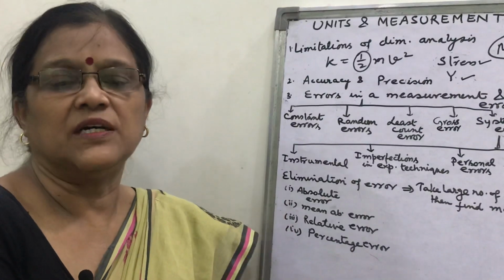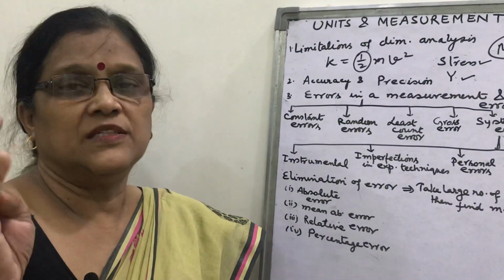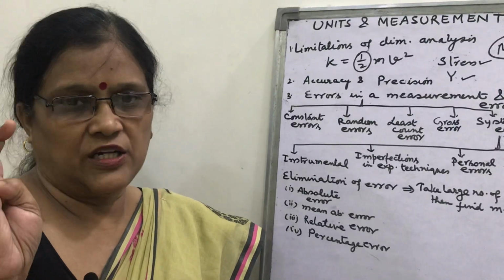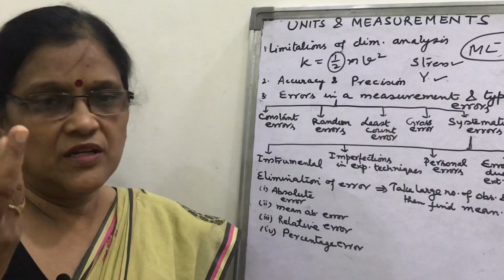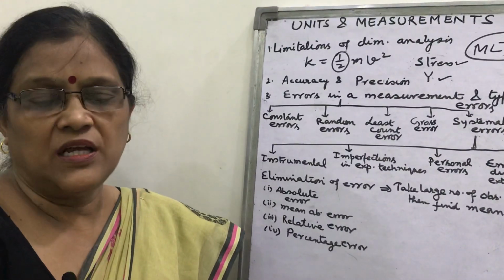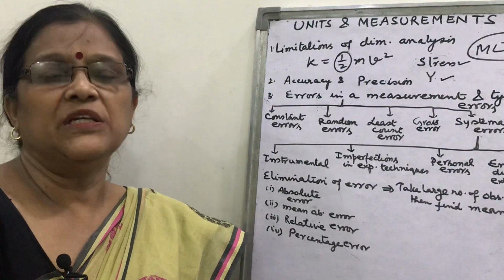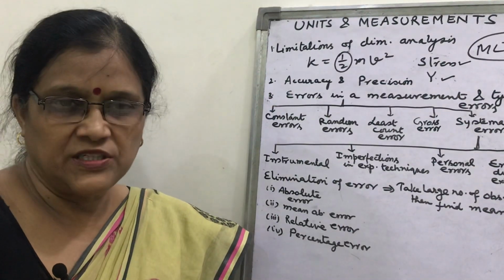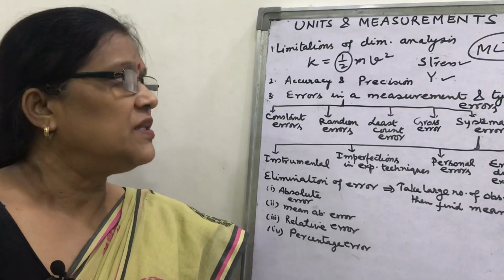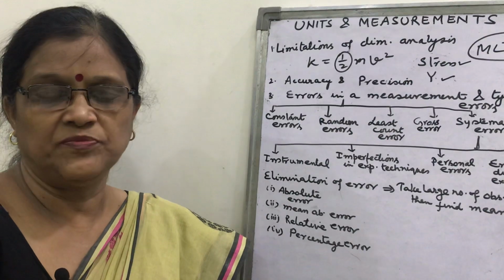Third, if any equation has a trigonometrical ratio, logarithm, or exponential, then we cannot derive that relation. In any relation in which these terms occur, logarithmic, exponential, trigonometrical ratio, they cannot be derived with the help of dimensional analysis.